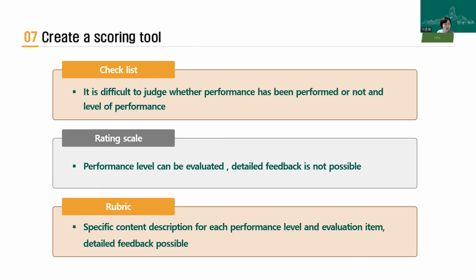For quick quality judgments, rating scales suffice. For complex competence requiring detailed feedback, rubrics are essential. Rubrics take more time to develop but provide far more value for both assessment and learning. Now, let's see how to create an effective rubric.